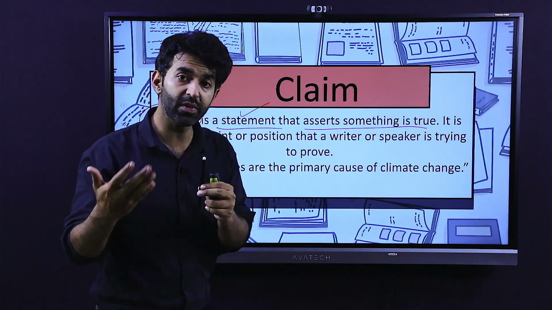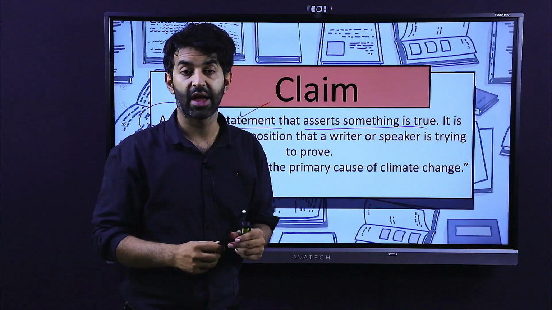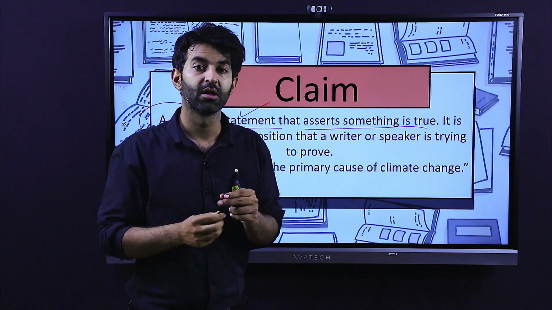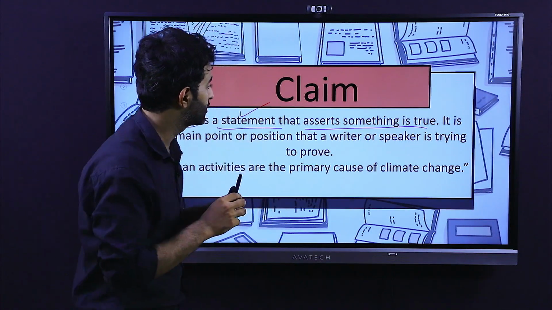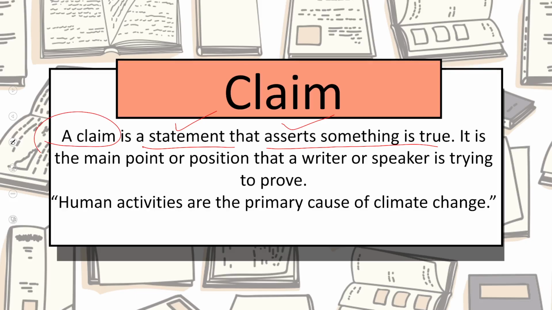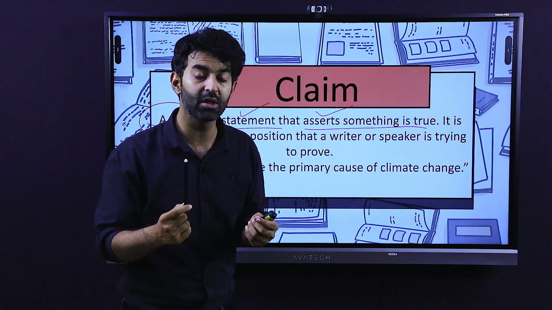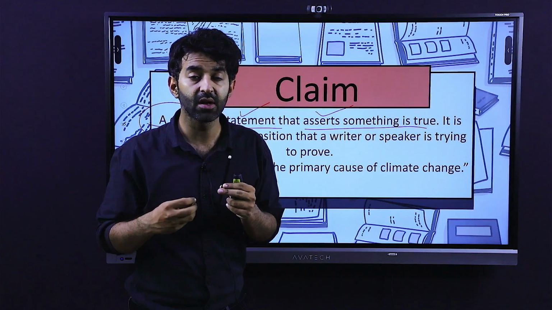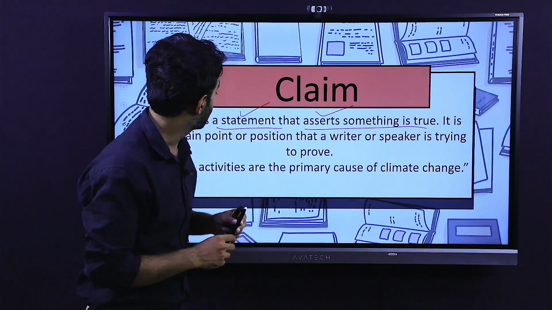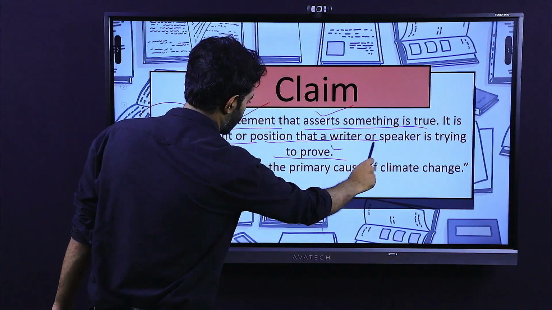Now you may disagree with this. You can see it as having a white tip with a black body. If I'm claiming it to be purple, I have to say that what I'm trying to say is true. I'm actually believing in it, I'm saying the right thing, I'm truthful, I'm correct. It is the main point or position that a writer or speaker is trying to prove.